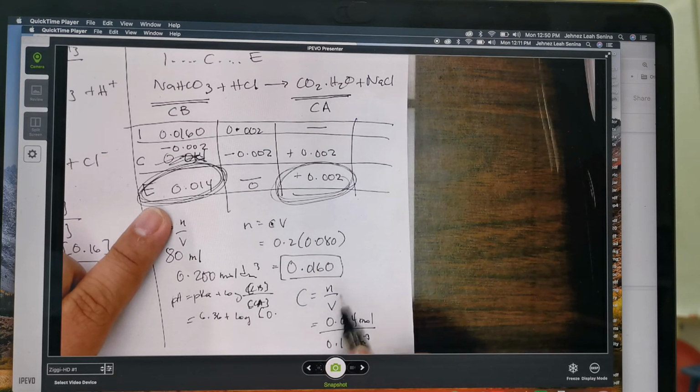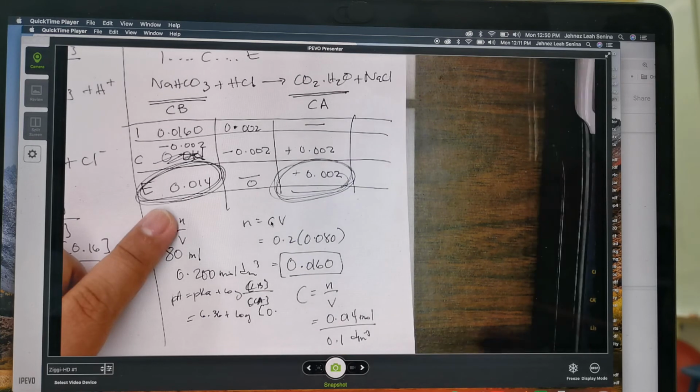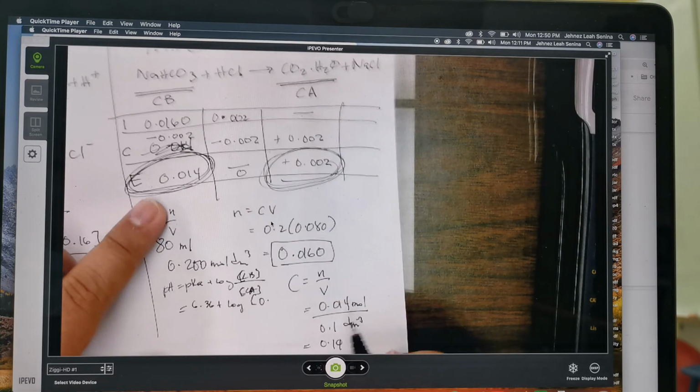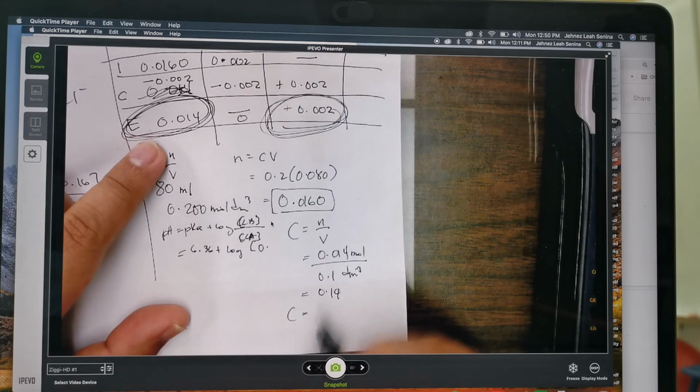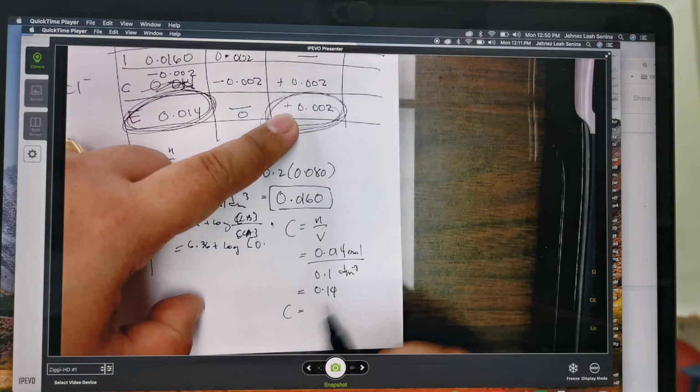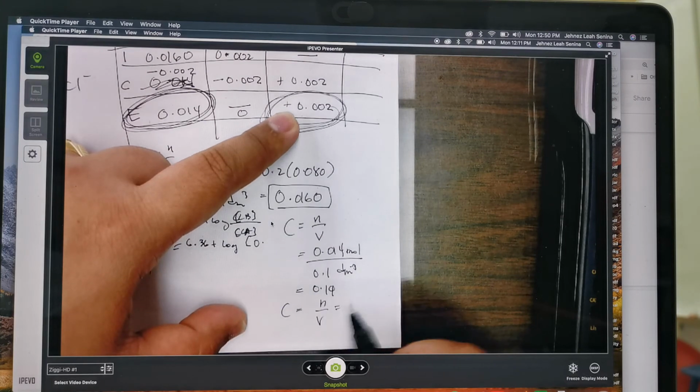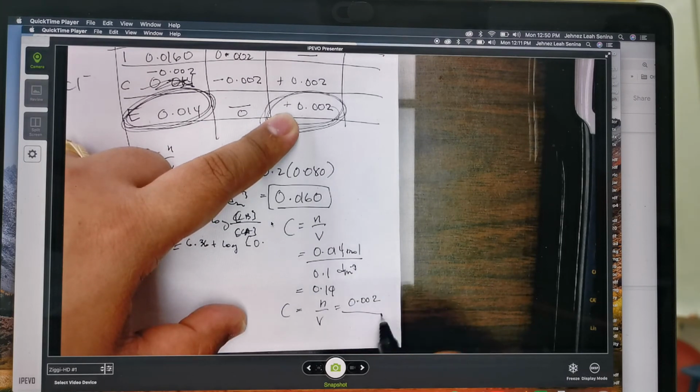So the concentration of your conjugate base, divided by 0.1, is 0.14. And the concentration of your conjugate acid is 0.002 divided by the total volume 0.1.